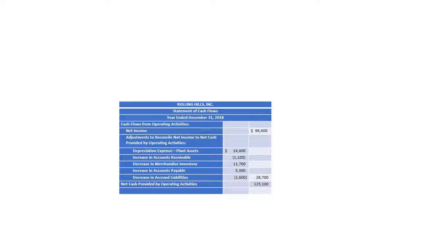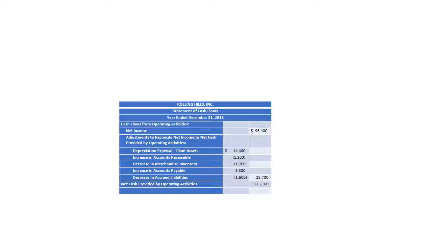Also, merchandise inventory. It went from a balance of $91,500 down to $79,800. So that means that was a cash savings. We expensed more, $11,700, okay, than we replaced.